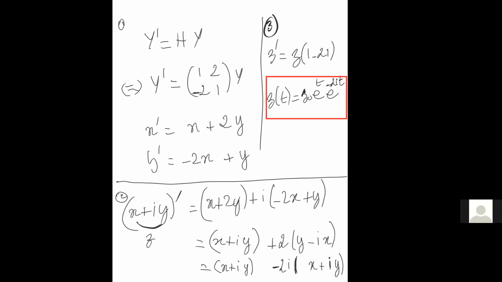Because this part will make the solution rotate in the negative direction, and this part will make the norm of the solution at each time t grow exponentially. So finally, I get something like that.